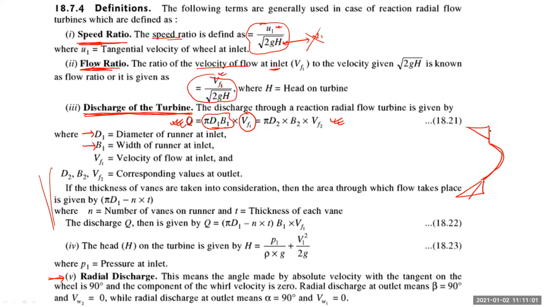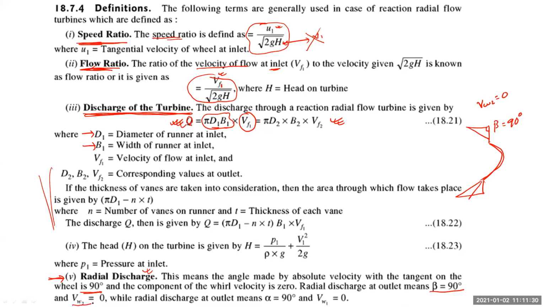If your angle beta is 90 degrees, then this is called radial discharge. This means the angle made by the absolute velocity with the tangent on the wheel is 90 degrees, and the component of whirl velocity, Vw2, equals 0. So radial discharge means beta equals 90 degrees and Vw2 equals 0.